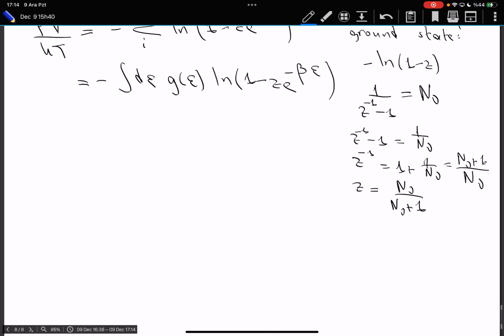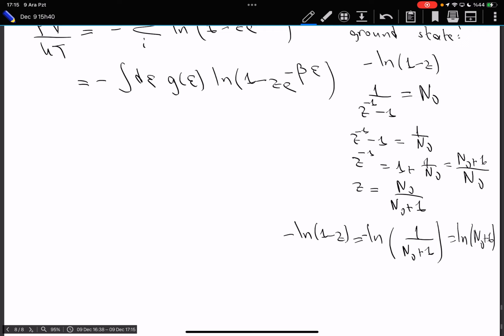This is valid at any temperature. Now, minus the logarithm of 1 minus z is just the logarithm of n0 plus 1. In the thermodynamic limit, it is large, but it's of the order of logarithm of n.